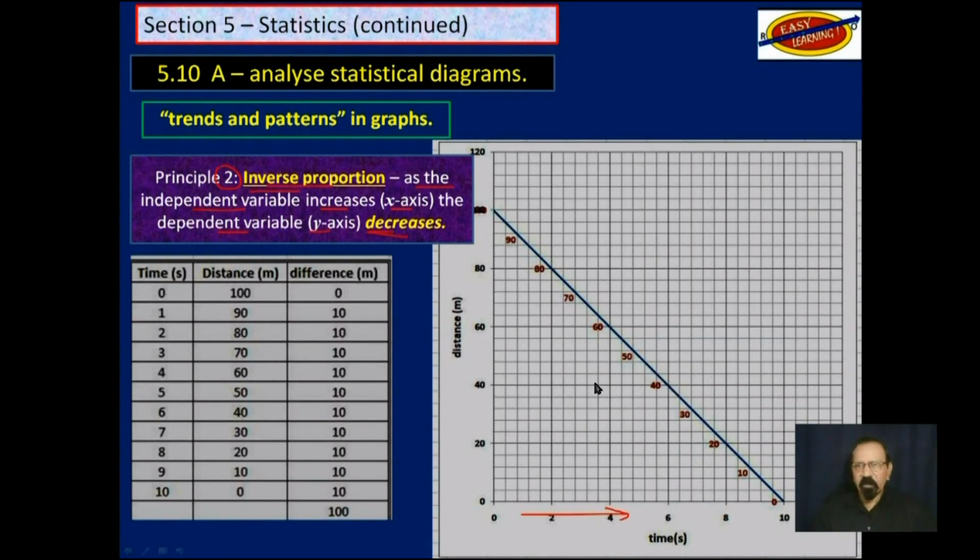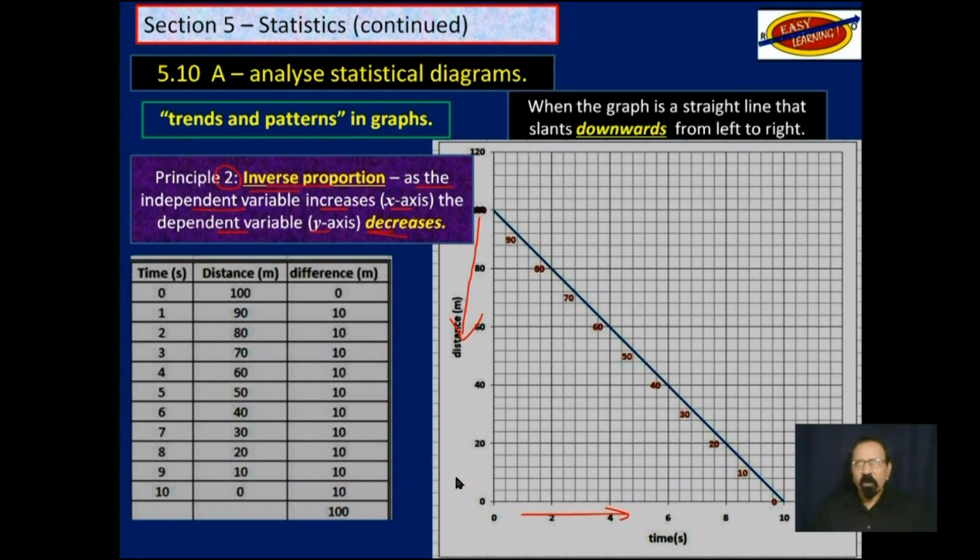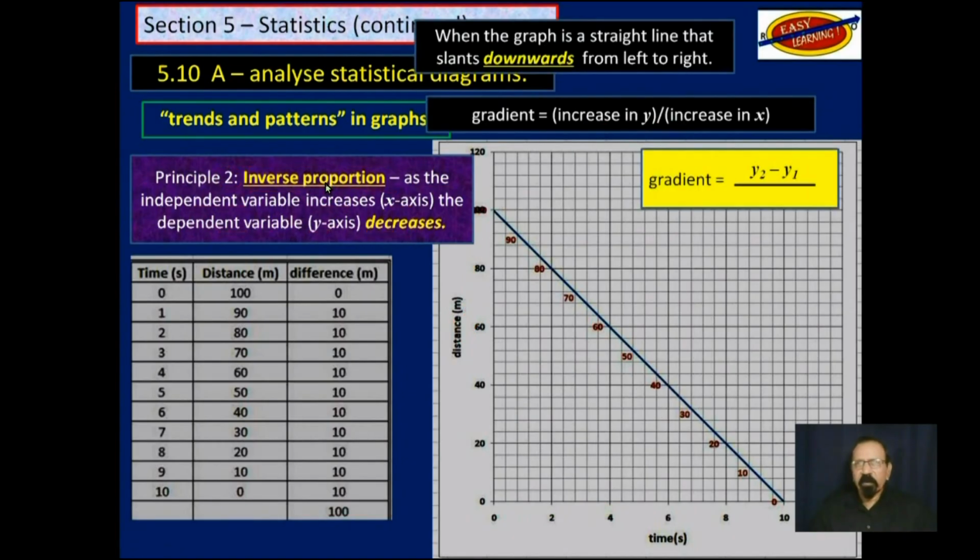As this axis increases, notice this one here decreases. So anytime you have a graph that is a straight line that slants downwards from left to right, you have inverse. So the gradient will be the proportion, which is y2 minus y1 over x2 minus x1.